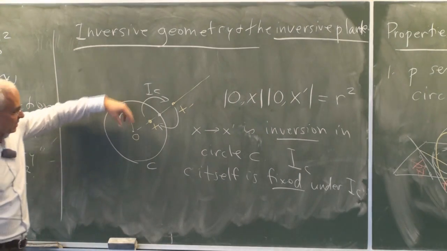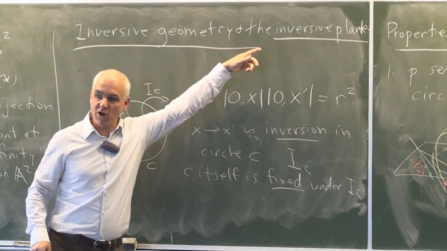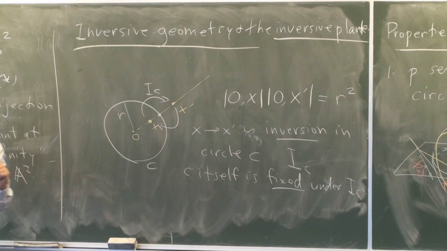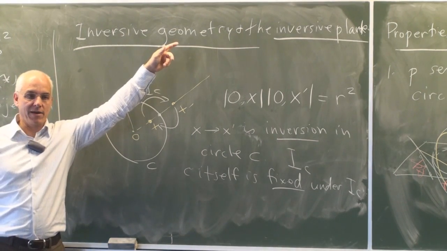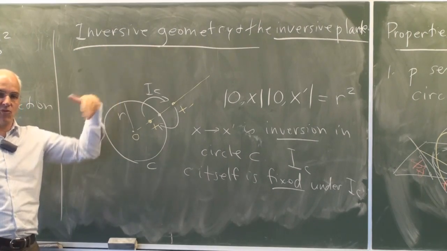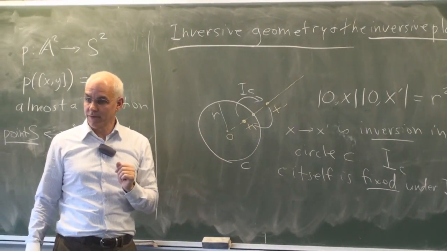And points inside go to points outside, and the closer x gets to O, the further x prime gets. And in the limit, what happens to O? That's an interesting question. O will have to be sent infinitely far away. So we need an extra point at infinity to make this work, in other words, to give O somewhere to go.